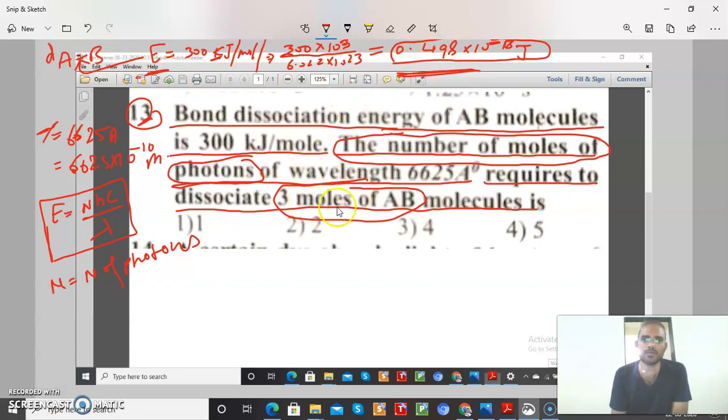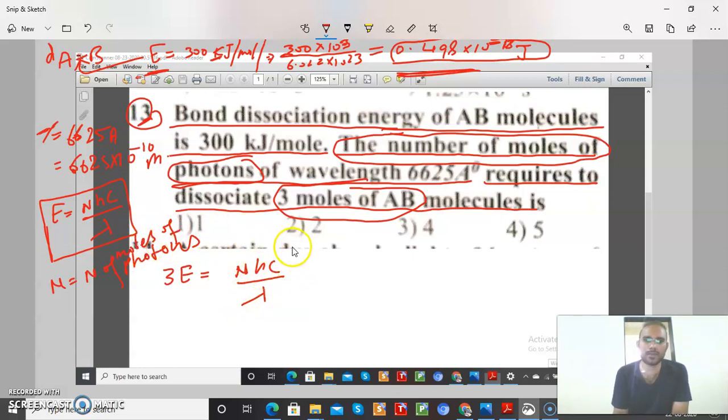So for 3 moles of AB, in the formula it will come 3E is equal to N hc by lambda. And N is the number of moles of photon they are asking, don't get confused.